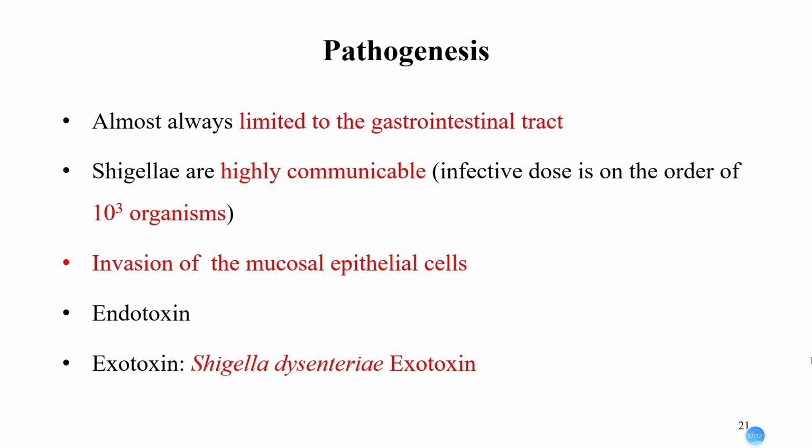Does anyone still remember the infective dose of Vibrio? We mentioned a little bit. The infective dose of Vibrio is around 10 to the 9th. 10 to the 9th, so that means 1 billion bacteria, right? So this is much, much lower. But this is not the lowest I've ever encountered.